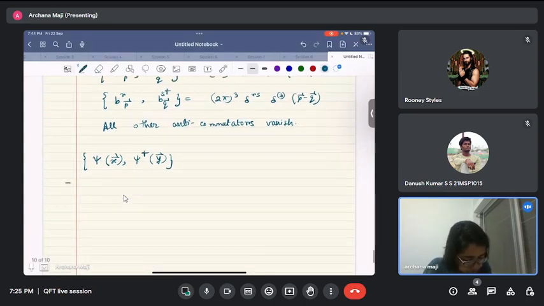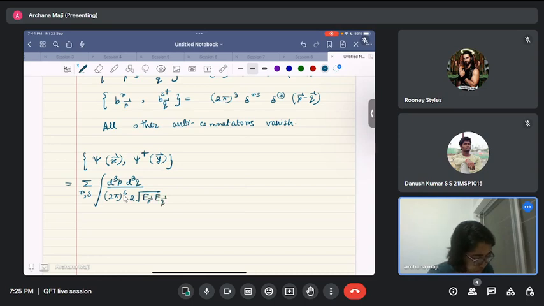So this is equal to summation over r, integration d3p d3q over (2 pi) to the 6, twice square root of E_p E_q. Then the anti-commutation between psi and psi dagger.